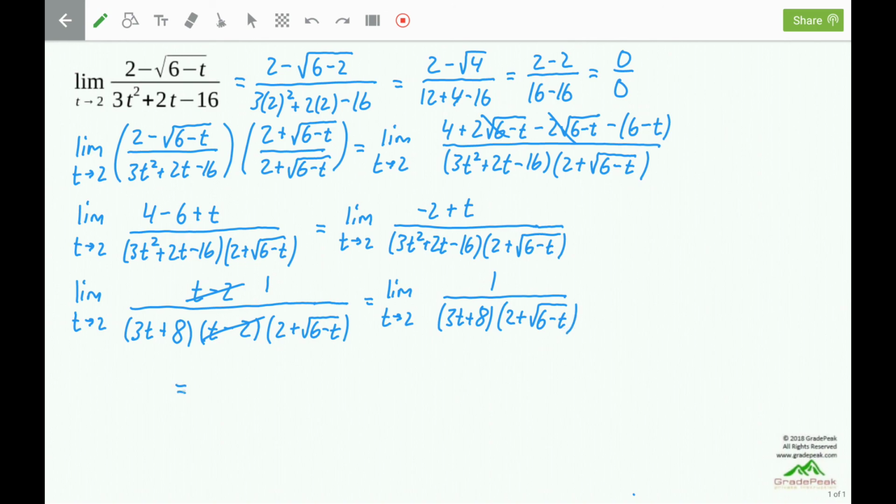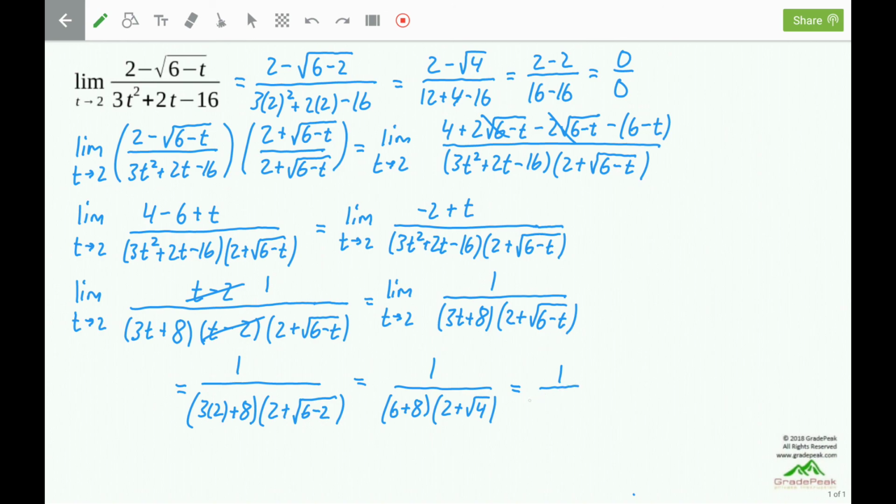So plugging in a 2, that will give us 1 divided by 3 times 2 plus 8 times 2 plus the square root of 6 minus 2. So that will be 1 divided by 3 times 2 is a 6 plus an 8, and then times 2 plus the square root of 6 minus 2 is a 4.